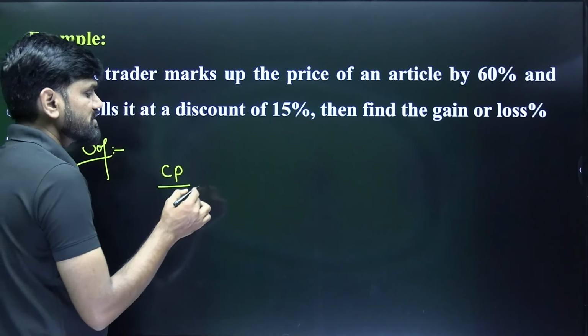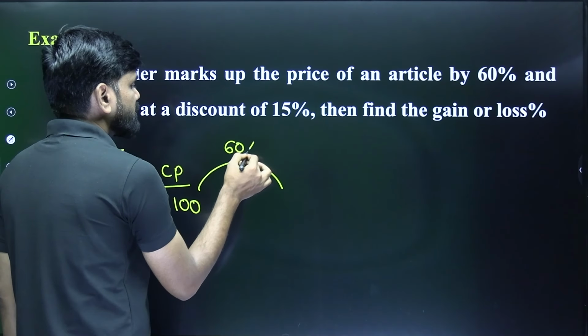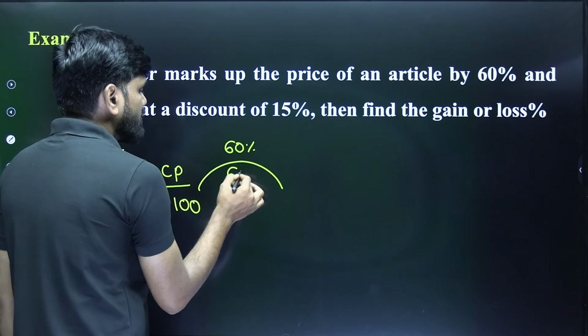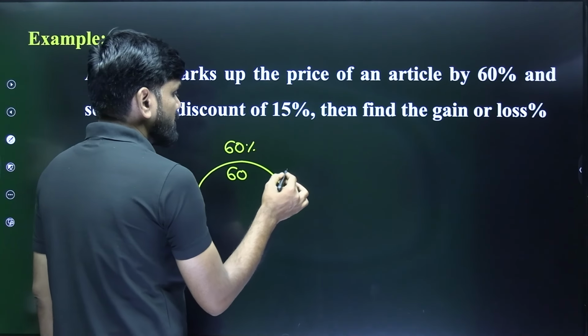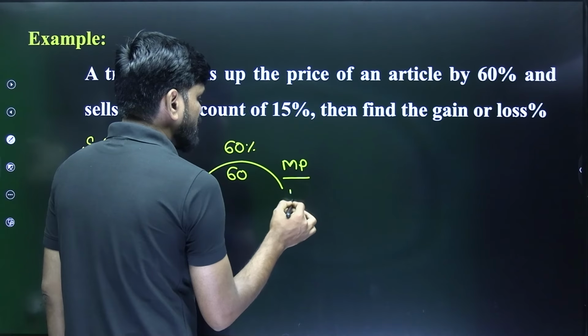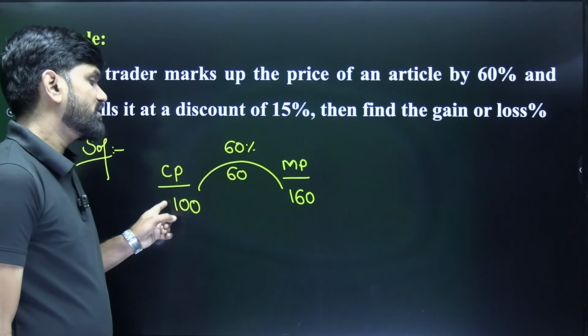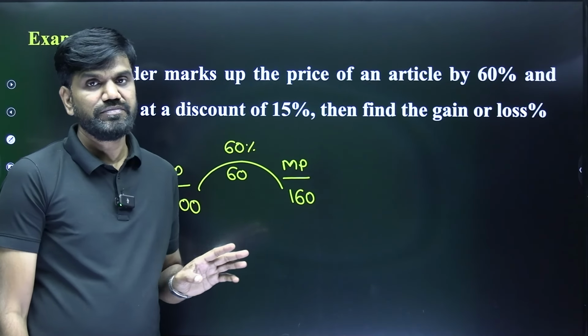If the cost price is 100, it is marked up by 60%. After marking it up by 60%, it becomes the marked price. So a 100 rupee article is marked at 160.